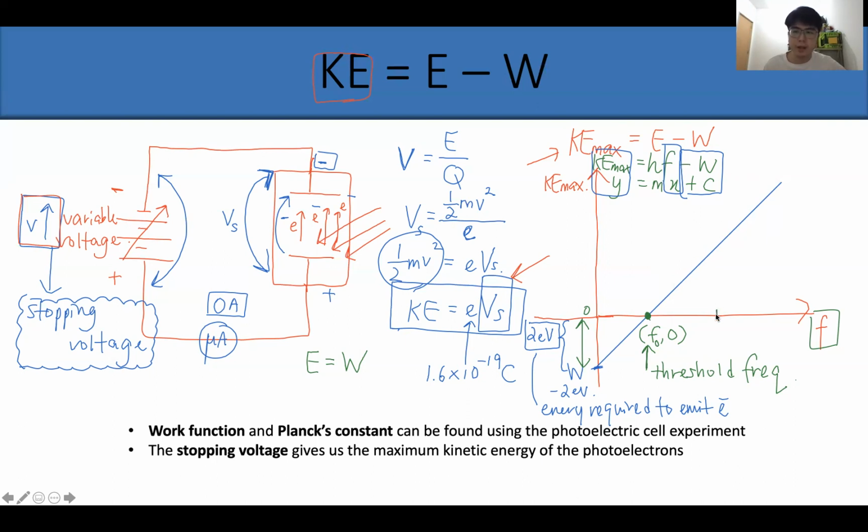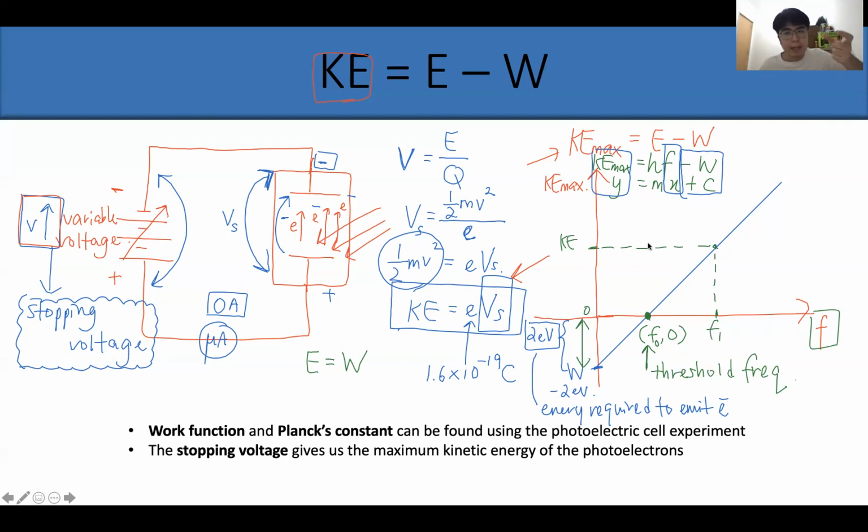Let's say you have this f1 corresponding to this value. If the light has a frequency of f1, then you have this much kinetic energy given to the photoelectrons.